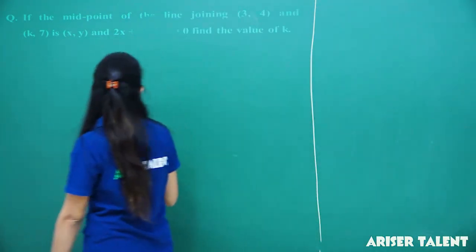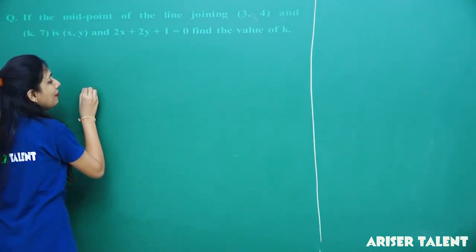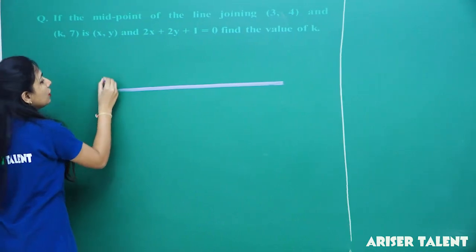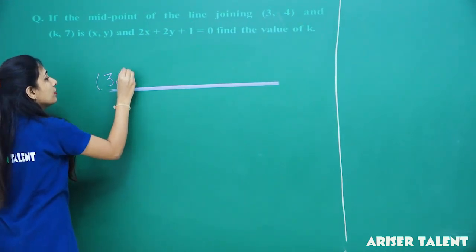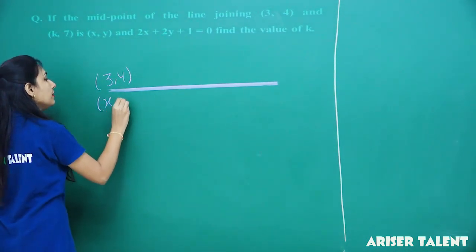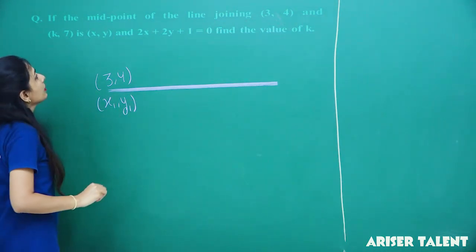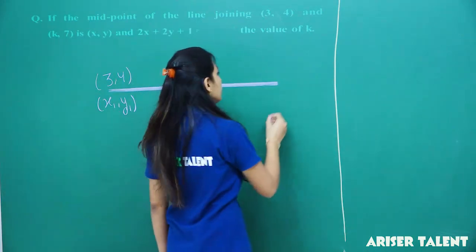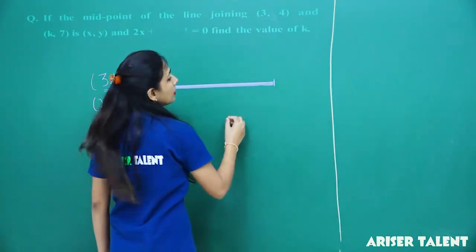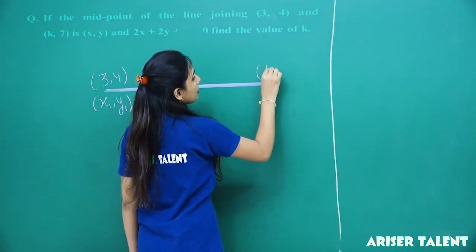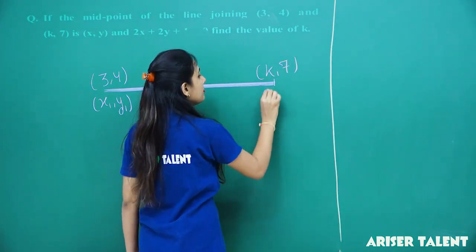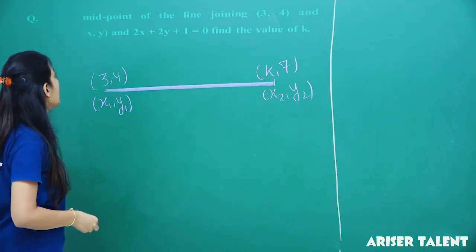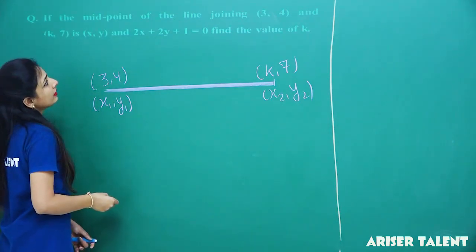So the thing is, I have a line, and this line has the point (3, 4), which is your x1, y1, and the point (k, 7). Write (k, 7), and this is nothing but your x2, y2. It says it has a midpoint, isn't it?